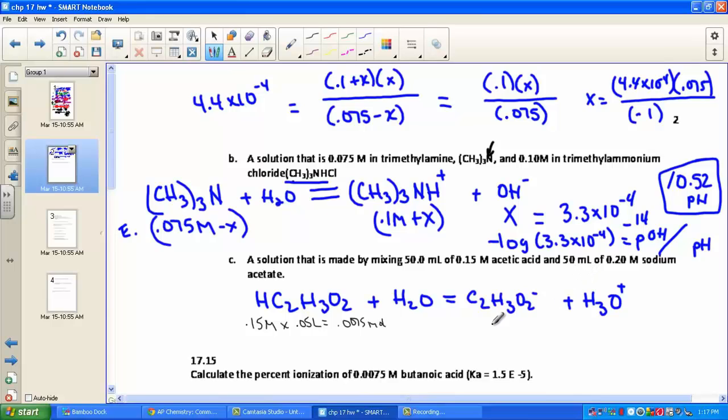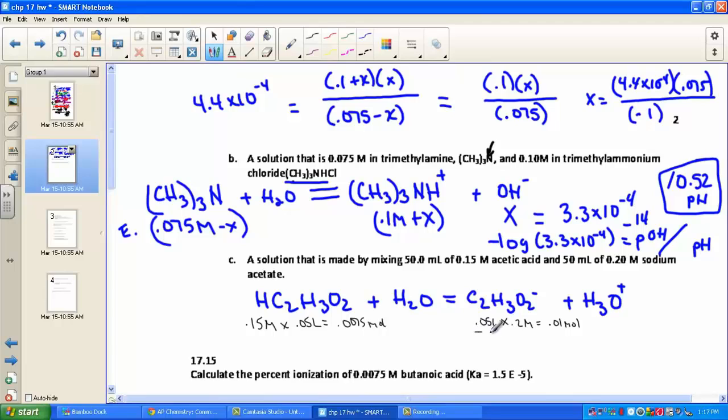Alrighty, and here we have sodium acetate, so that's the common ion here, 0.05 liters, that's the 50 mils, of 0.2 molar, 0.05 times 0.2 is 0.01 mole.